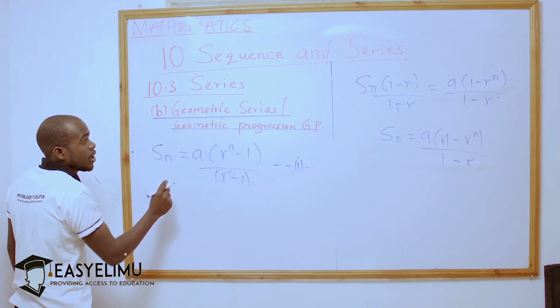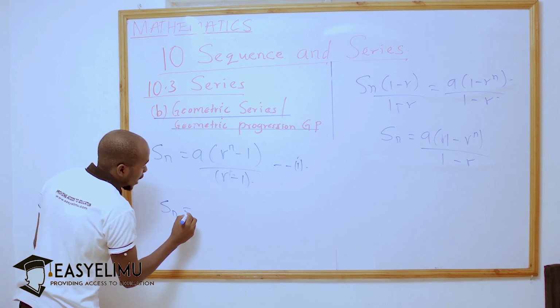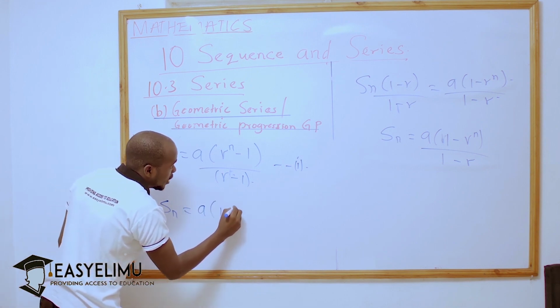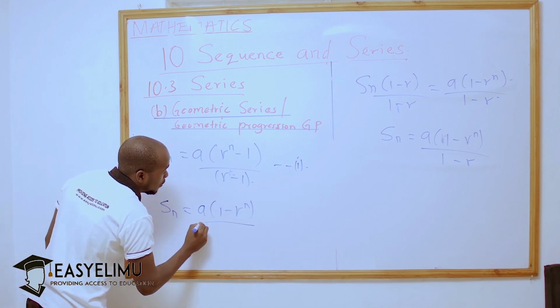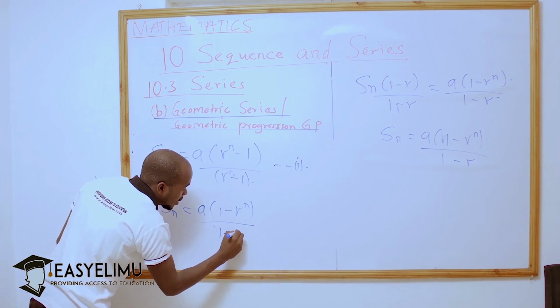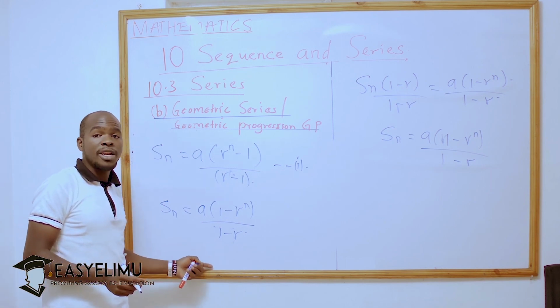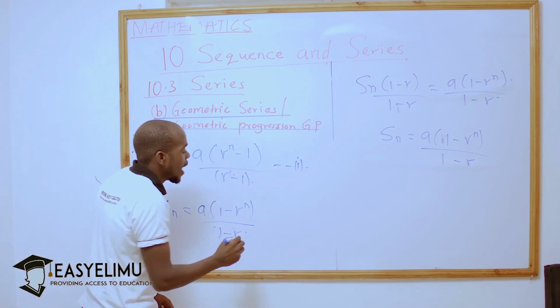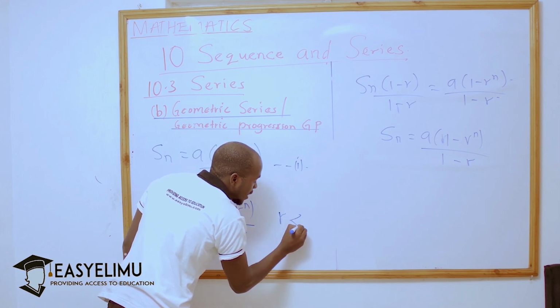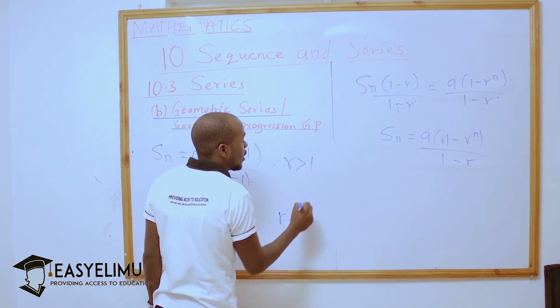And here we have found another one, whereby we have Sn equals A into 1 minus Rn over 1 minus R. This one is another formula for finding geometric series where R is less than 1, and the other is where R is greater than 1.